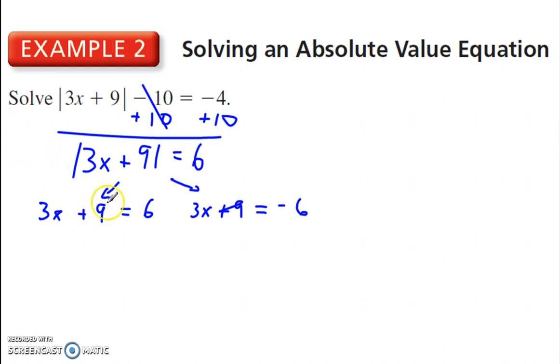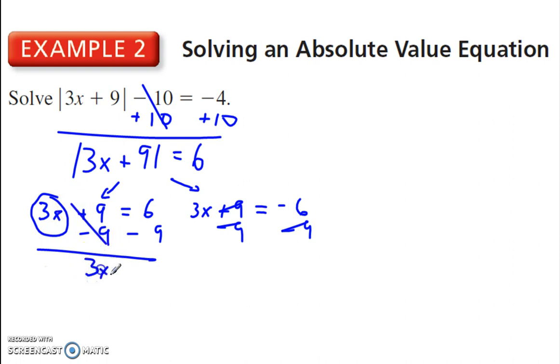There is another way that you could have solved this. I'll show you in just a second. Now we solve it the traditional way. We're solving for 3x, so subtract 9 from each side. We get 3x is equal to negative 3, divide by 3, and x is equal to negative 1.